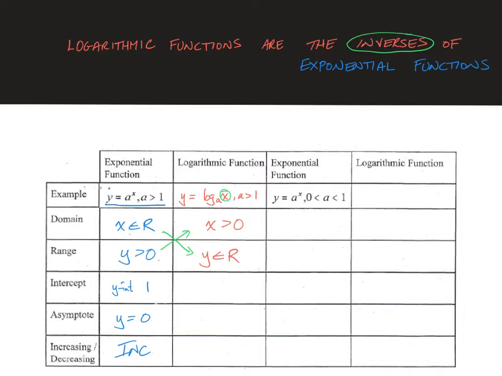I can get positive values, I can get negative values, I can get 0. If we follow that inverse concept, then a y-intercept on one graph will then become an x-intercept on the other. My asymptote of y equals 0, that horizontal asymptote, would then become a vertical asymptote at x equals 0.